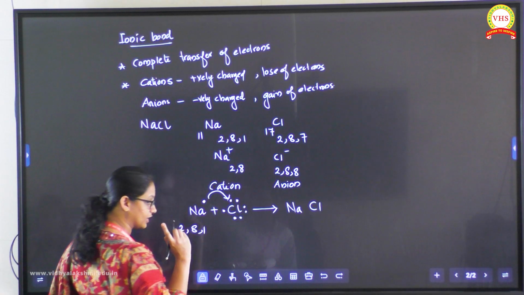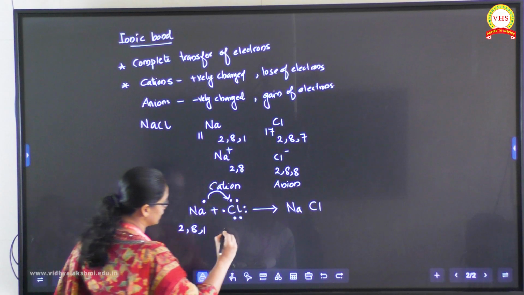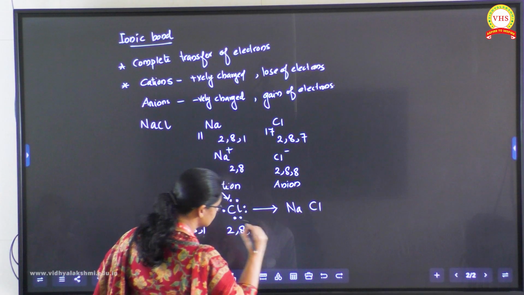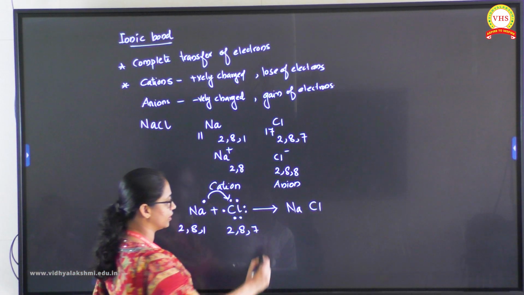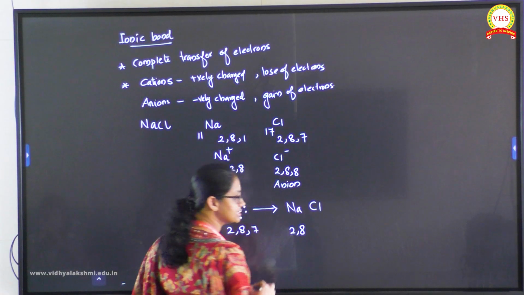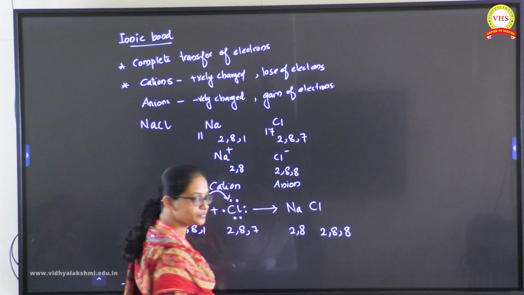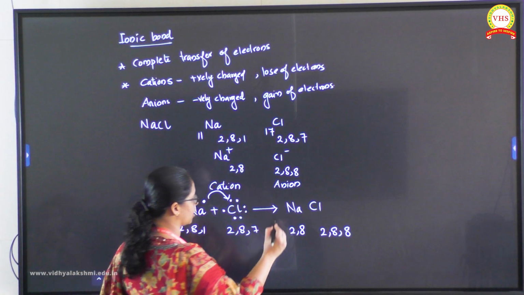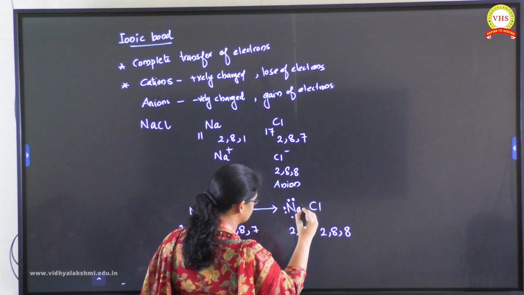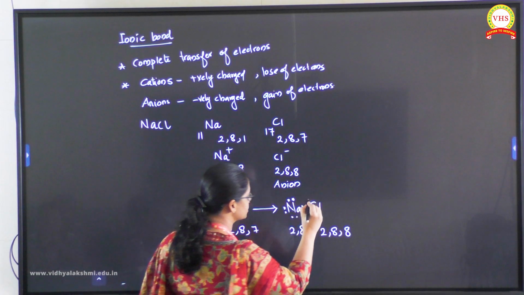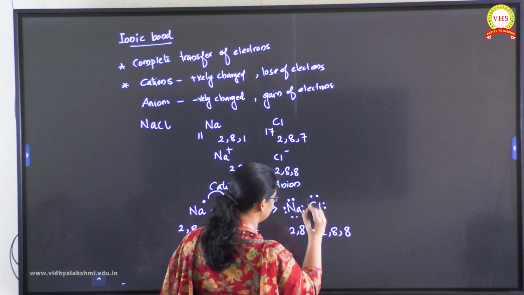Sodium electronic configuration is 2,8,1 before the formation of bond, and chlorine is 2,8,7. After the formation of NaCl, the electronic configuration of sodium becomes 2,8 and chlorine becomes 2,8,8. Now in the outermost shell, how many electrons are there? 1, 2, 3, 4, 5, 6, 7, 8. Chlorine also 8.